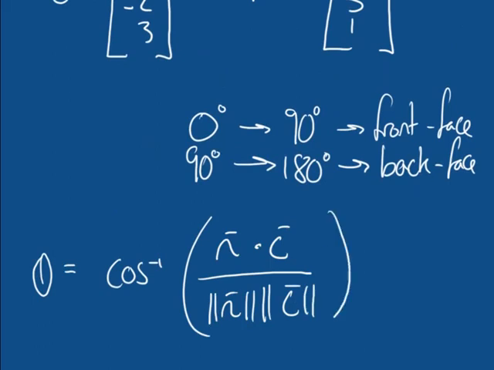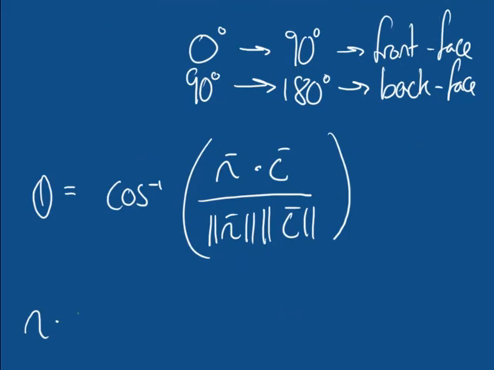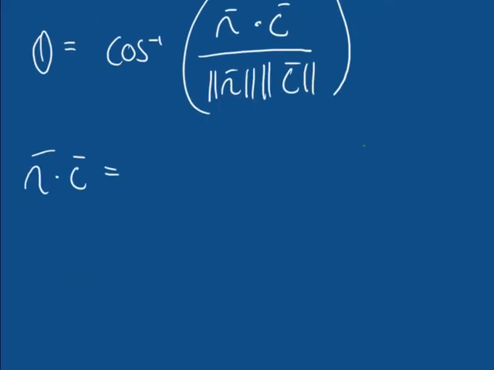In order to calculate that, I need to calculate n dot c using our component definition of the dot product, and I need to calculate the length of both vectors. So let's start with n dot c. n is equal to 3, 5, 1, and c is equal to minus 1, minus 2, 3.